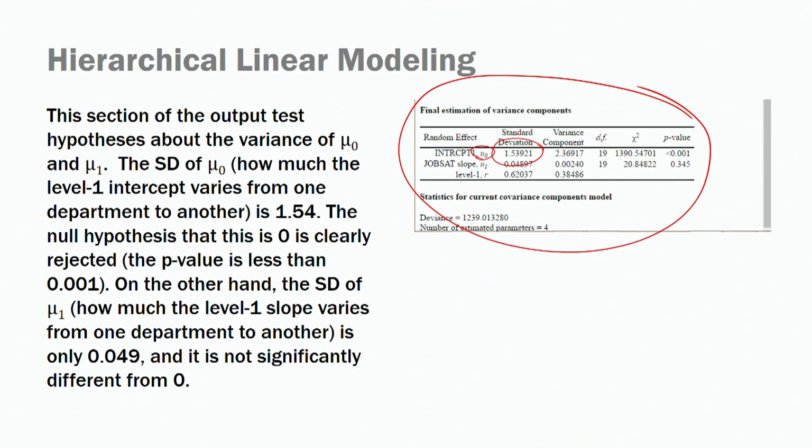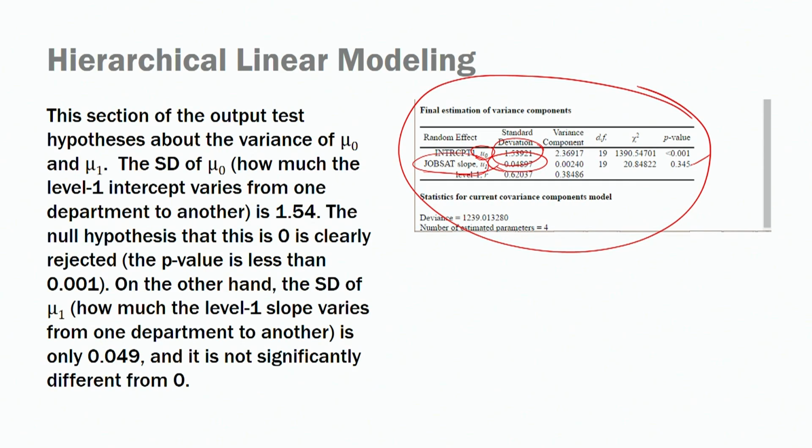But if we look at job satisfaction, the slope, here the standard deviation is very small. It's 0.05. And if we look at the p-value, we see that p is not less than 0.05.